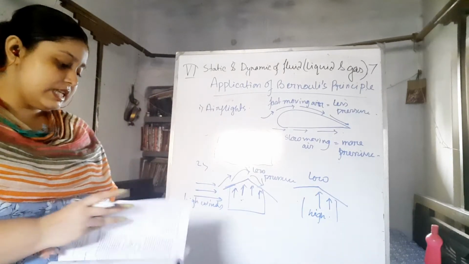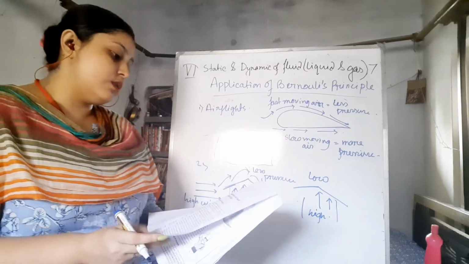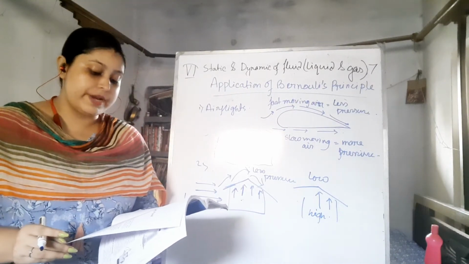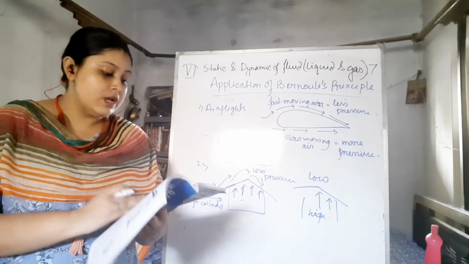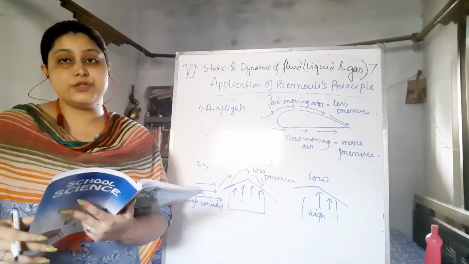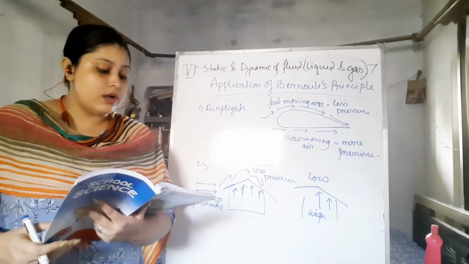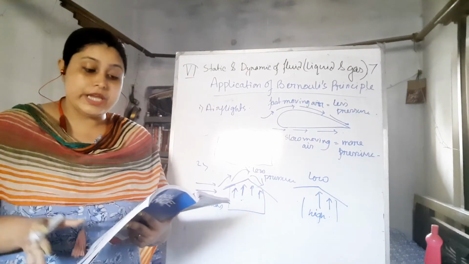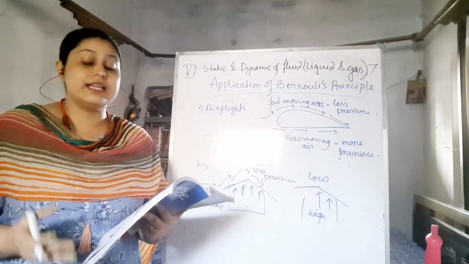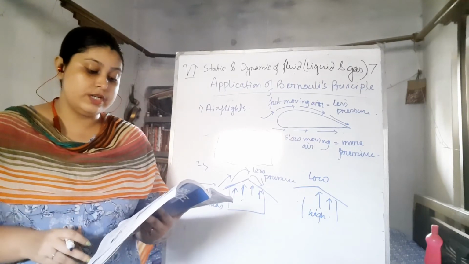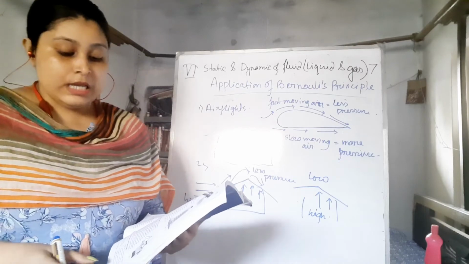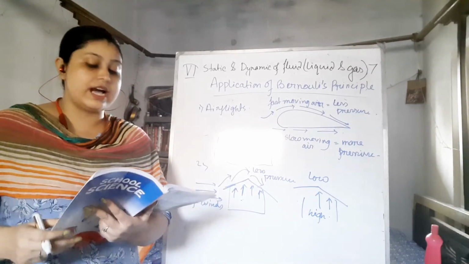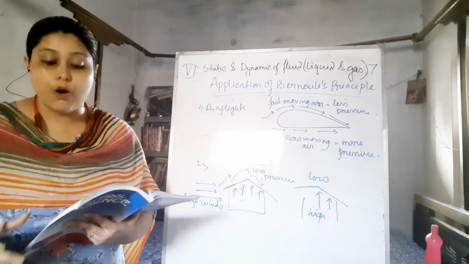In this chapter we learned about the concept of pressure and the concept of weight. Pressure is force by area. We learned how pressure is exerted in fluids, liquid and gas, the applications of pressure, how pressure acts on fluids, and lateral pressure, normal pressure and atmospheric pressure. Then some effects of pressure with various kinds of examples.